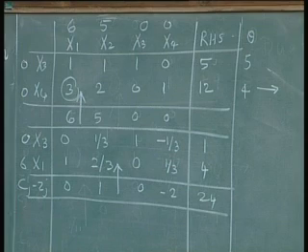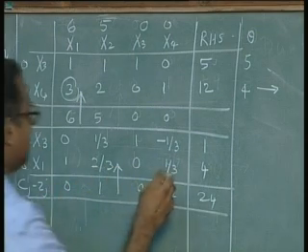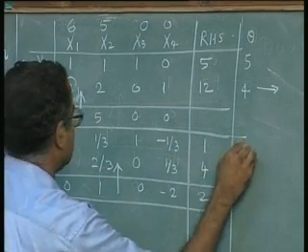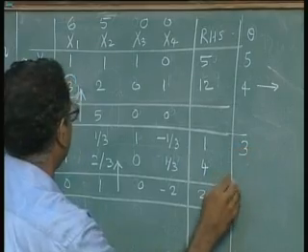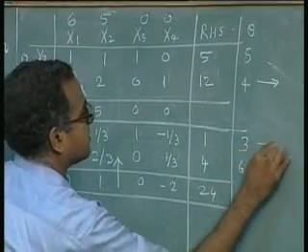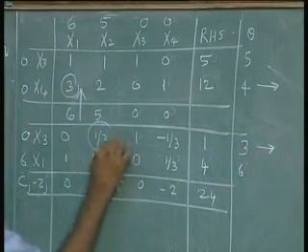Variable x2 enters. Now theta is 3 and 6, x3 leaves, this is the pivot element.